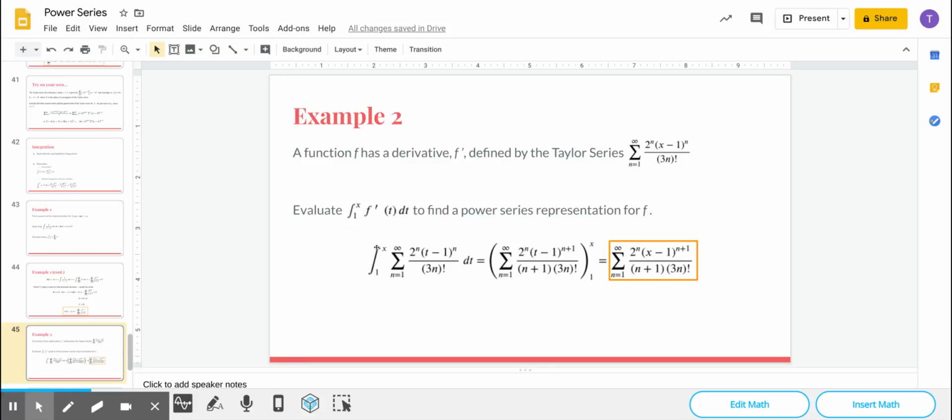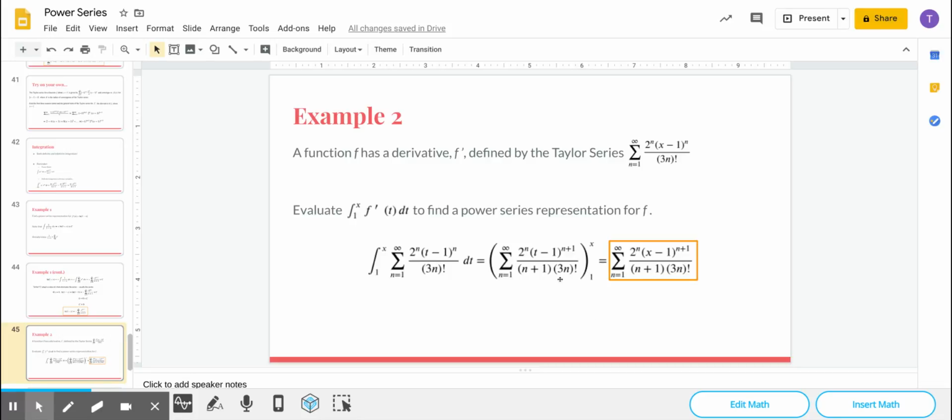Just ignore this integral for a second and plug in 1 for t: that becomes 0 to the n, which zeroes out the entire power series. I'm only left with f of b, which is really f of x, which is perfect. So I'm going to take this power series and integrate it.